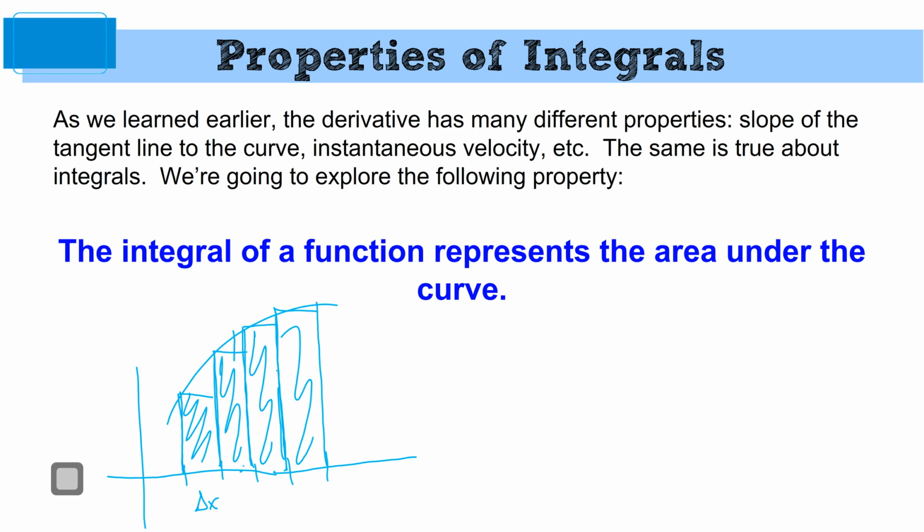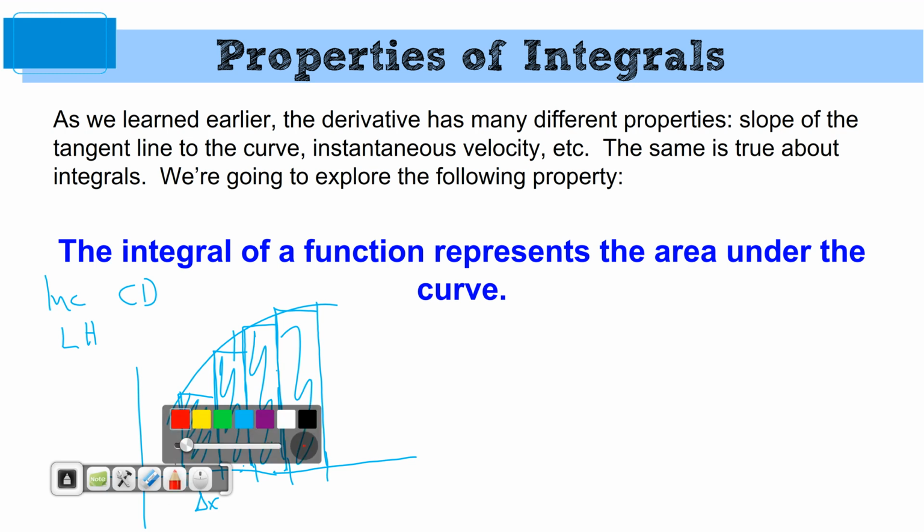All right, where were we? The triangle. All right, so increasing concave down. Increasing concave down, left hand rectangles, and we get an underestimate because they're all below. So let's do the same thing, but change it to concave up and see if that matters.